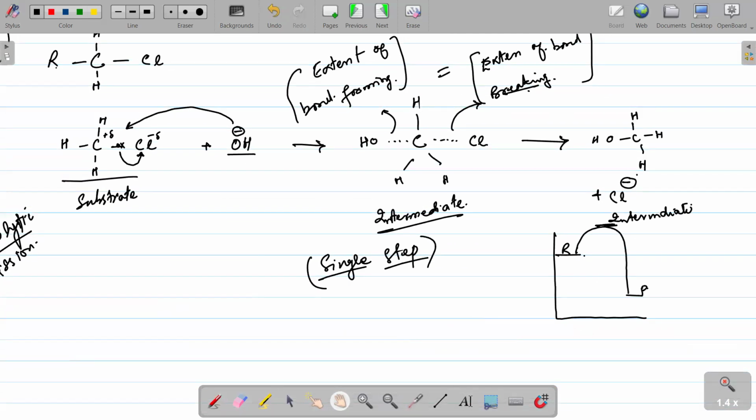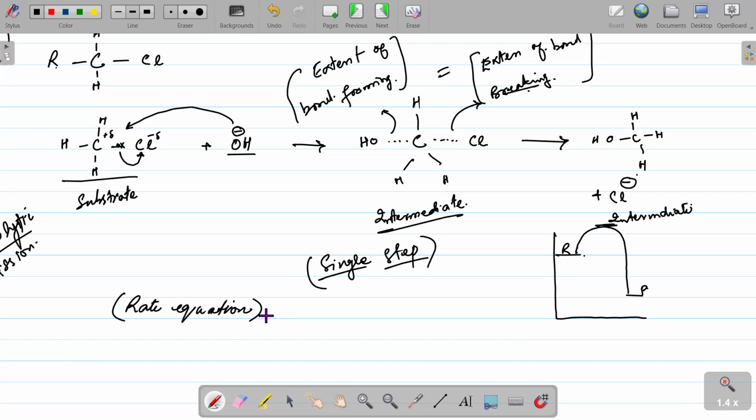Now, next important thing: when any reaction takes place in a single step, when we talk about the rate of reaction, we write down its rate equation. Remember, we derive the rate equation from experimental data.